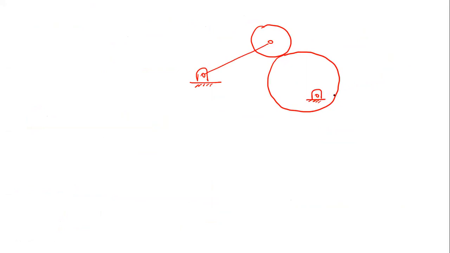Generally, this cam is going to act as the input link, and this is called the follower, right? So let me name these links. This is 1, this is link 2, this is link 3, and then this is link 4.